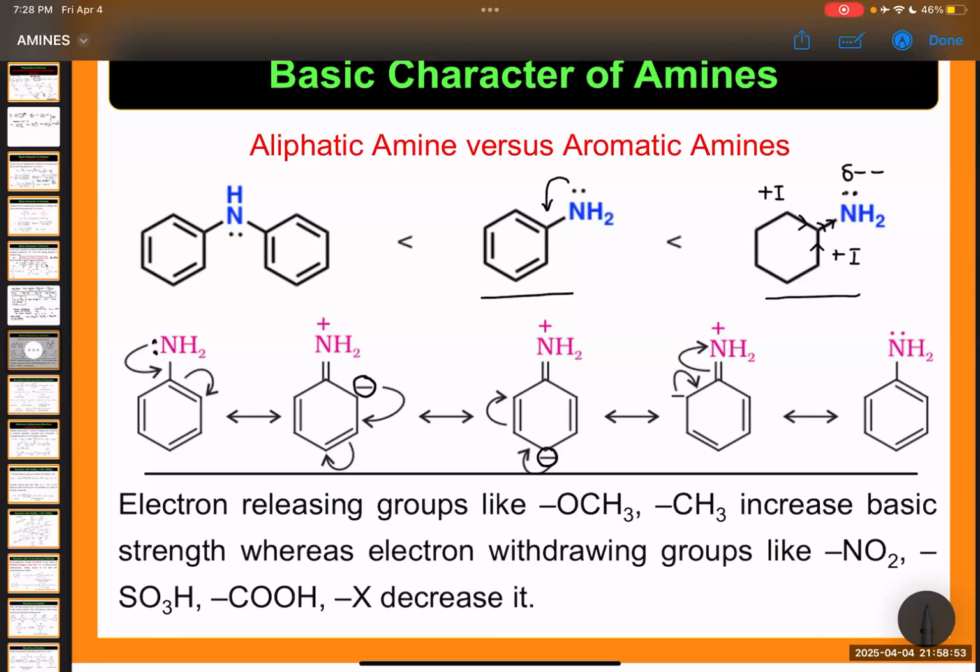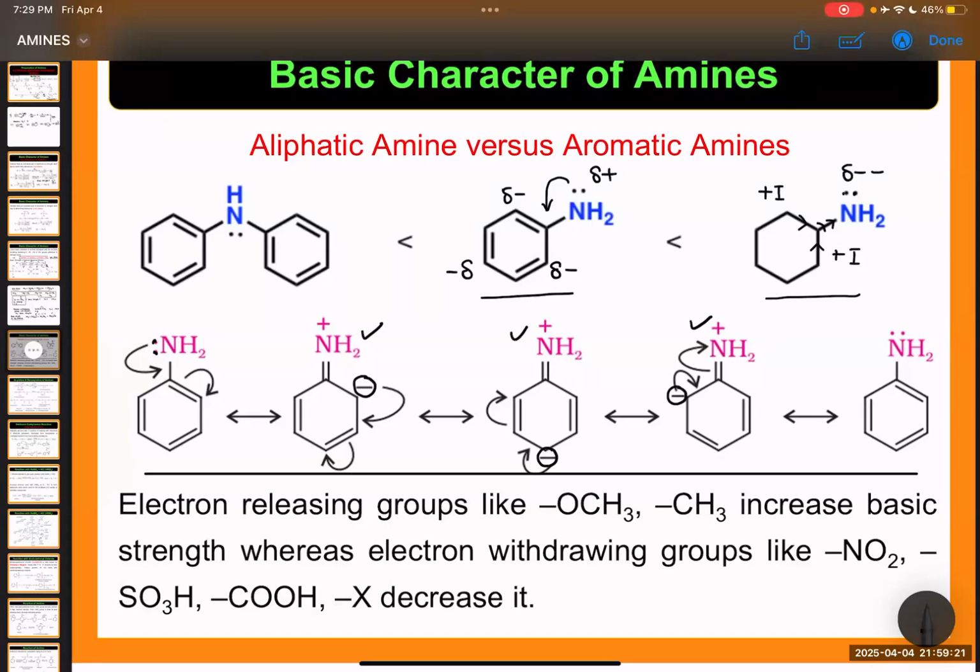You can see the resonance structure again to the ortho position. So basically it is now dispersed, and then if you try to take the average charges, you have delta positive charge on NH2. You can see from the individual resonance structures.